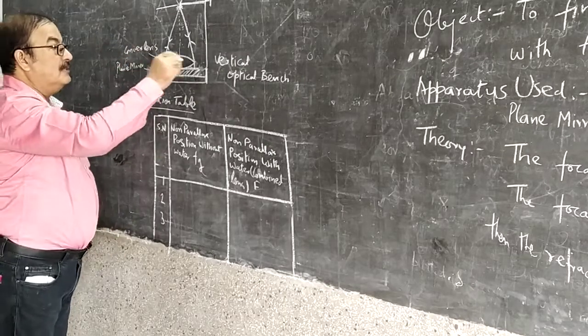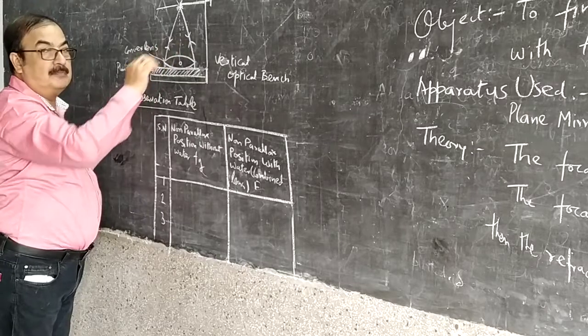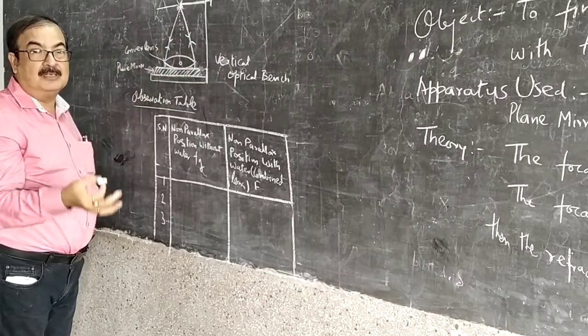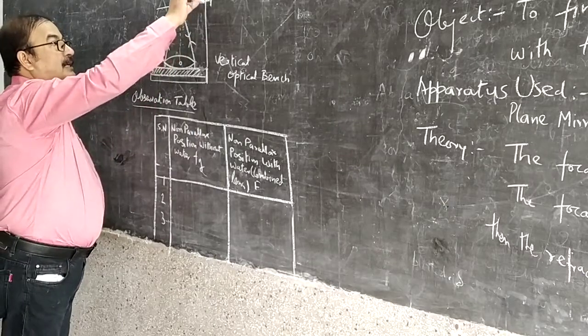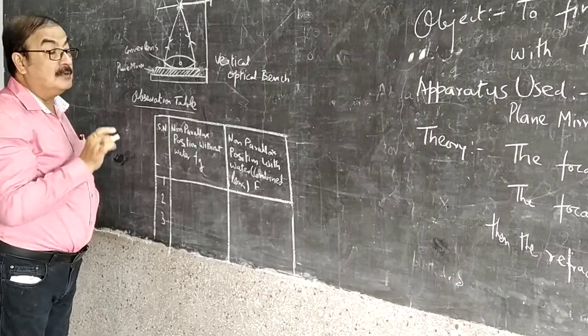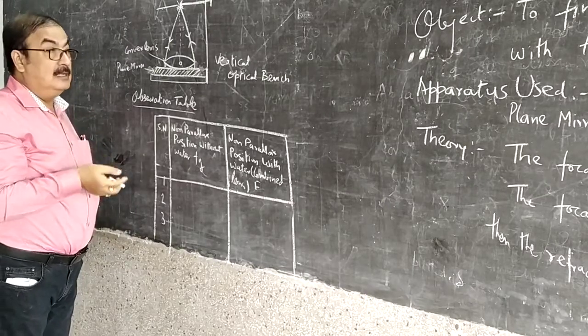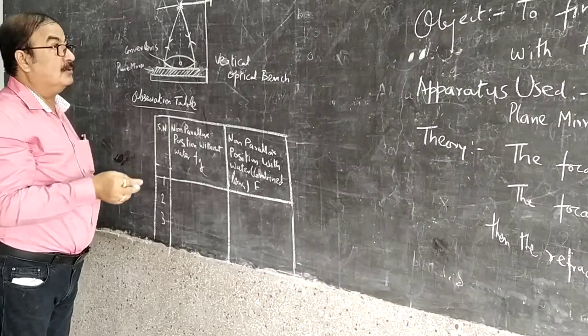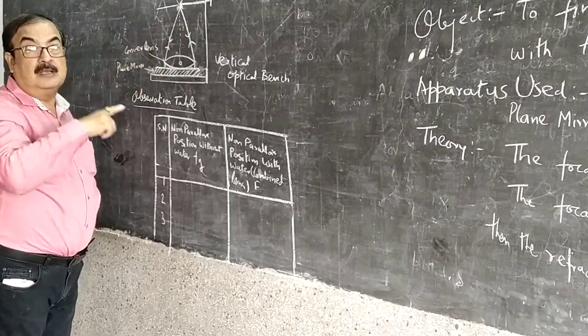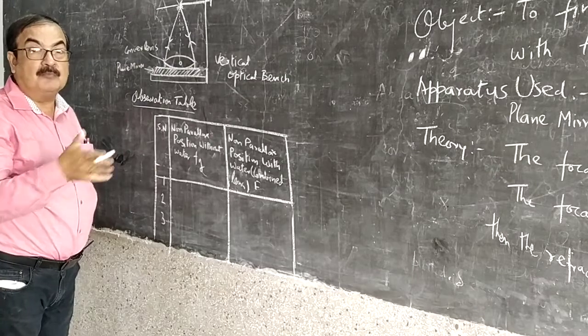Once we get that inverted image, because every time it will not be inverted, अगर पिन आपका ऐसा रखा हुआ हो सकता है, आपको करेक्ट इमेज है, वो भी ब्लर काफी, इसको एक जगह ले जाने के बाद वो ब्लर इमेज नहीं आएगा, वो क्लियर इमेज आएगा और साफ आपको इन्वर्टेड इमेज दिखाई देगा. Then you have to adjust a little so that you can get that inverted image and this pin, they coincide with each other and they move together.